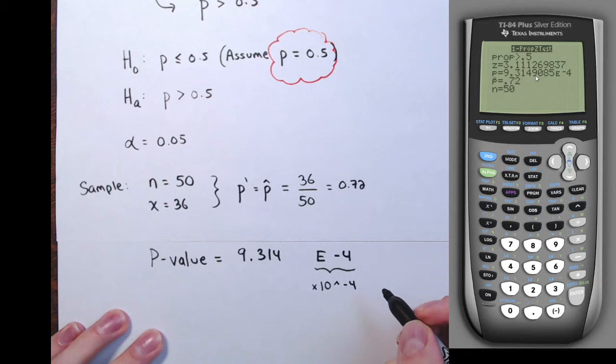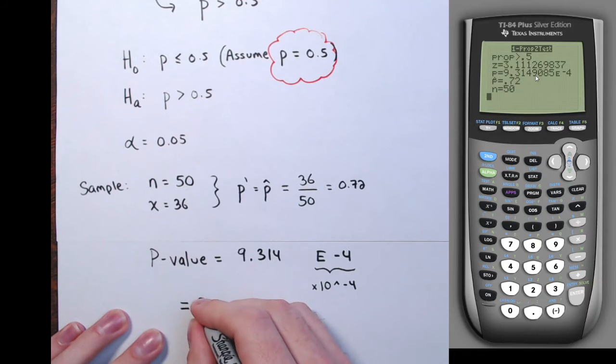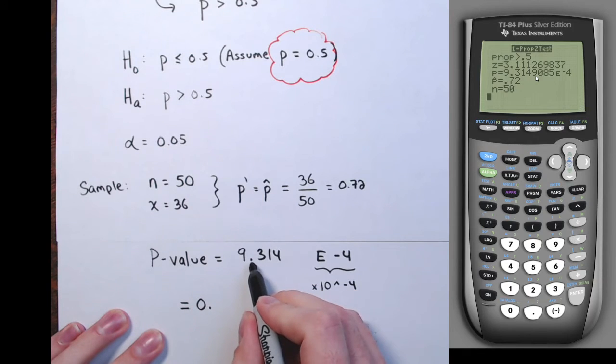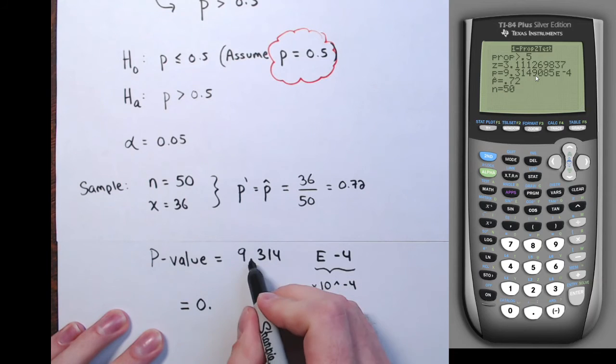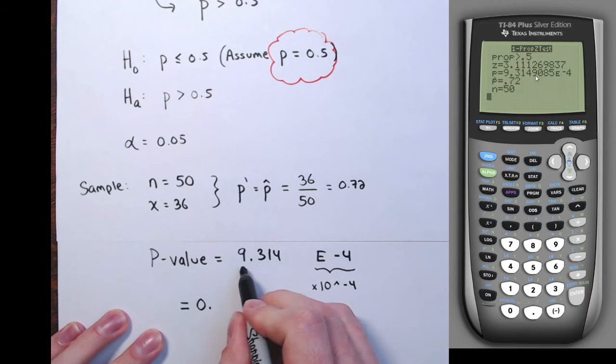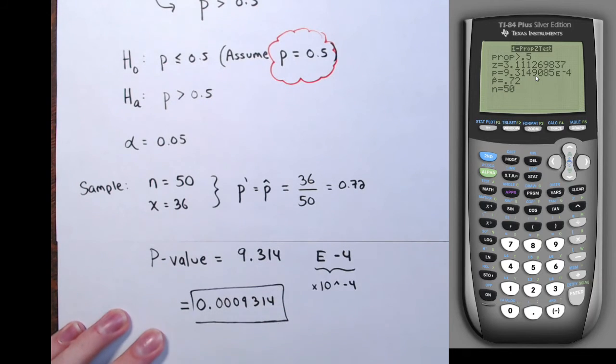In other words, move the decimal to the left 4 places. This is scientific notation. So I take 9.314, move the decimal to the left 4 places, and I'm getting this as the p-value, 0.0009314.